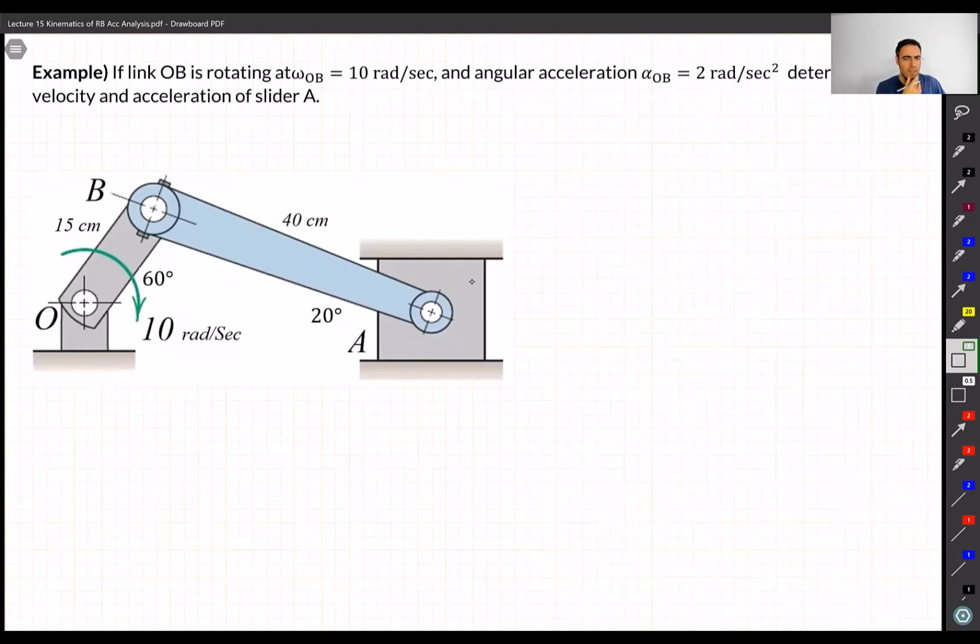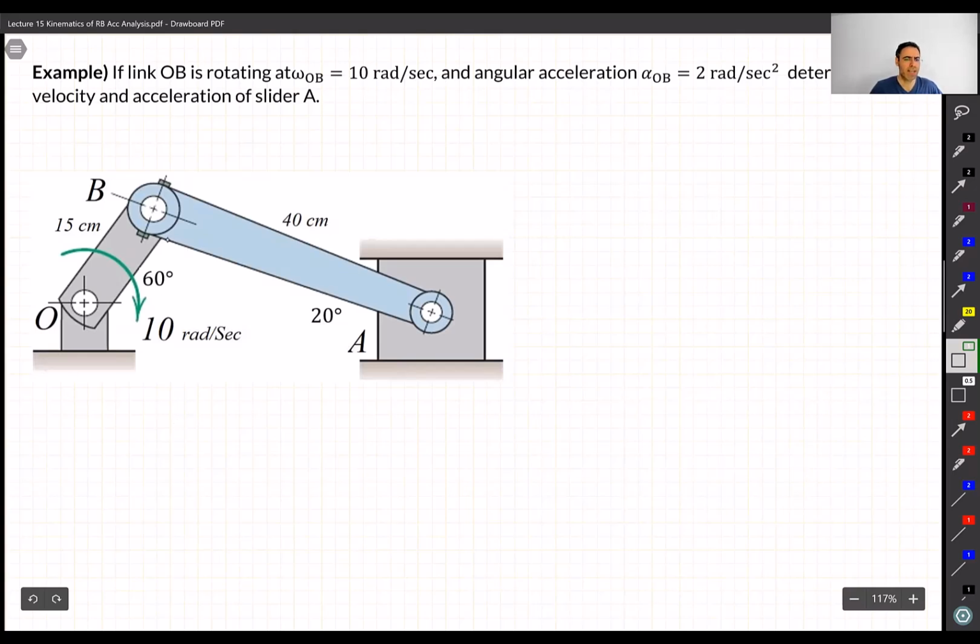So I'll let you read this example. This is a slider mechanism. By now, you have a good grasp of visualizing how this mechanism works. You can even model it in the software that you have. It is a common mechanism in engines, and this is what people call a crankshaft mechanism, which we explained before.